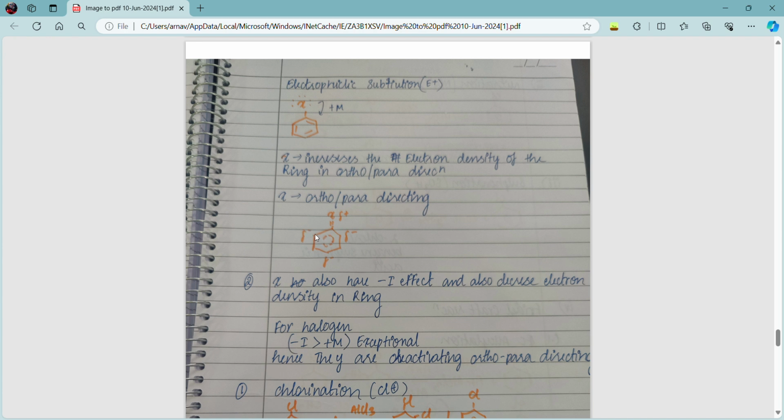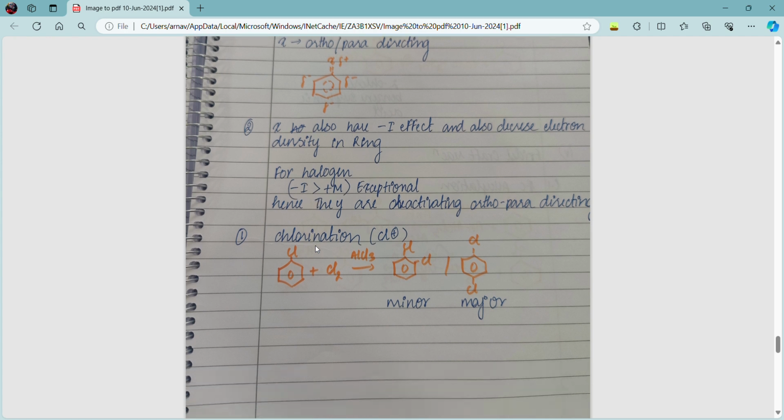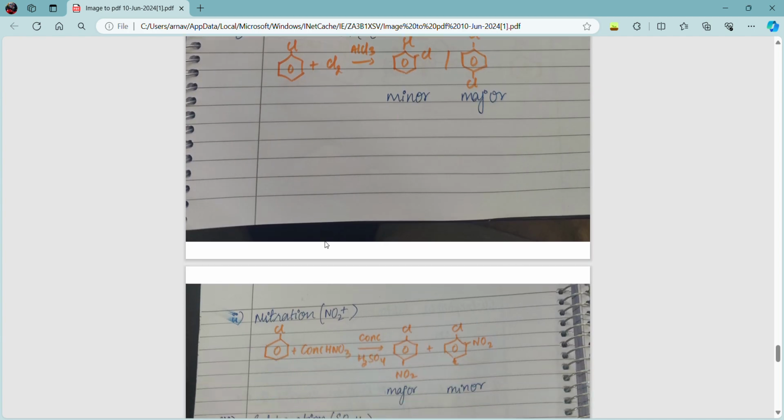Bromine will be attached everywhere because the amino group is highly activating. It does not have that minus I effect, but chlorine has a minus I effect. That's why it's deactivating and ortho-para directing. That is very important, that X is a deactivating and ortho-para directing group.